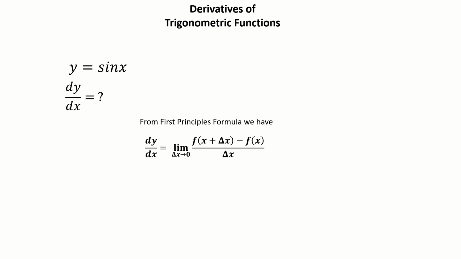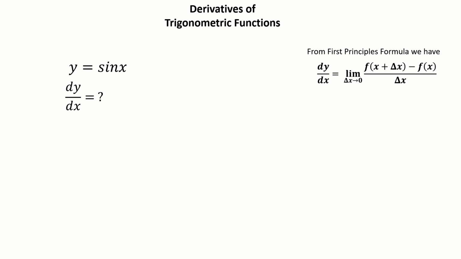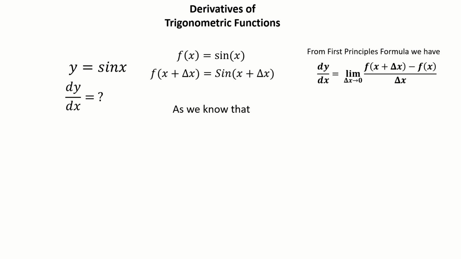Let's put it aside. Our function is simply sine of x, and a small increment in x will yield a small increment in the function also. So f of x plus delta x is equal to sine of x plus delta x. As we know from trigonometry, the sine of a plus b is equal to sine a cos b plus cos a sine b.